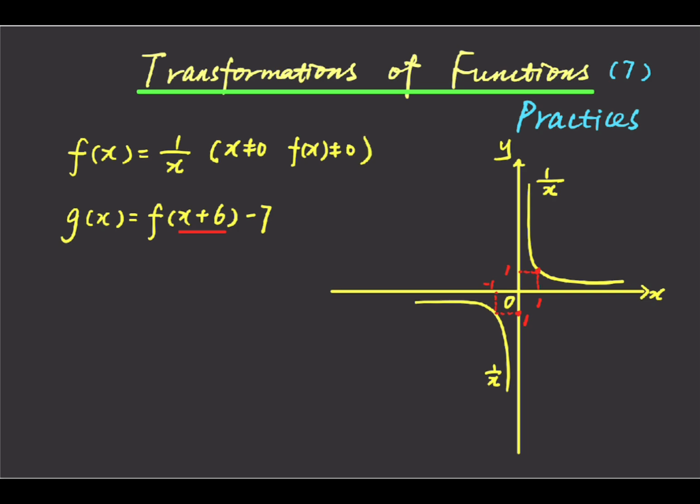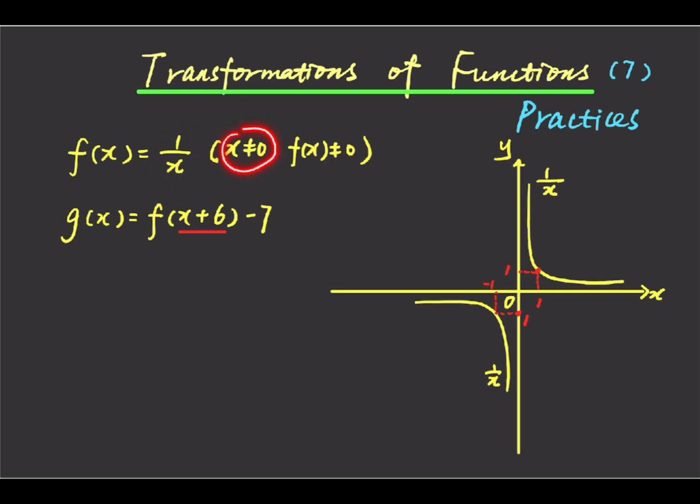Let us say on the graph, we have known for this function, it should be 2 branches. This is the right branch, this is the left branch, and we can assume this point and this point are the key points for this function.